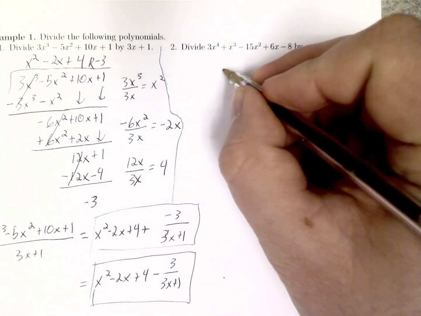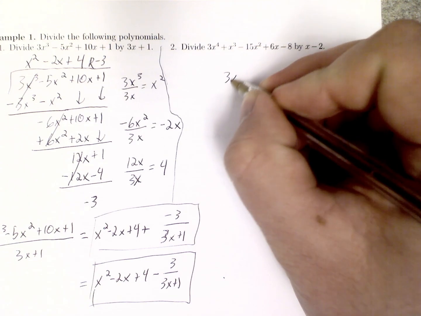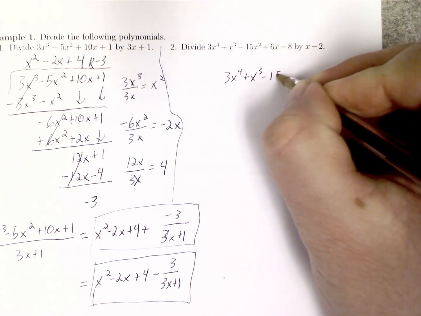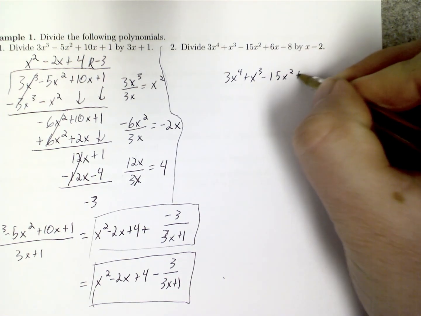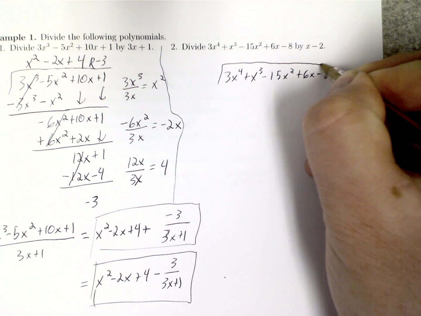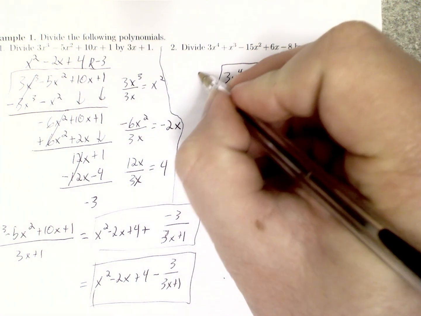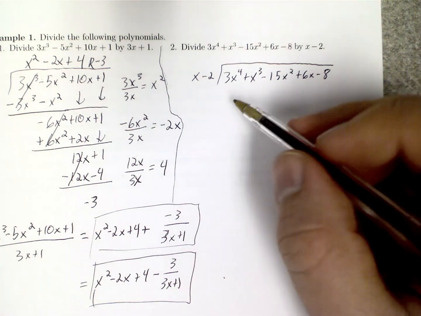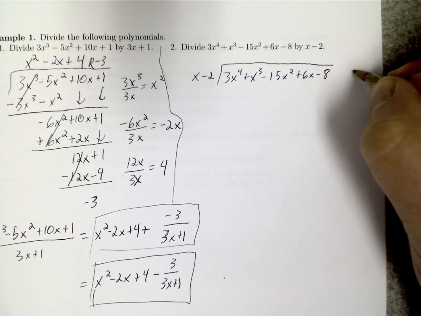So let's start. 3x to the fourth plus x cubed minus 15x squared plus 6x minus 8. We want to divide by x minus 2. Well, we start our traditional way, leading term divided by leading term.